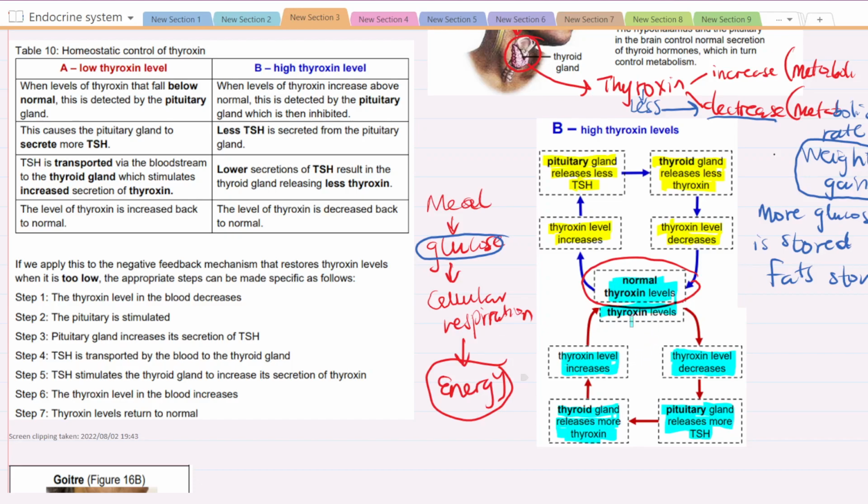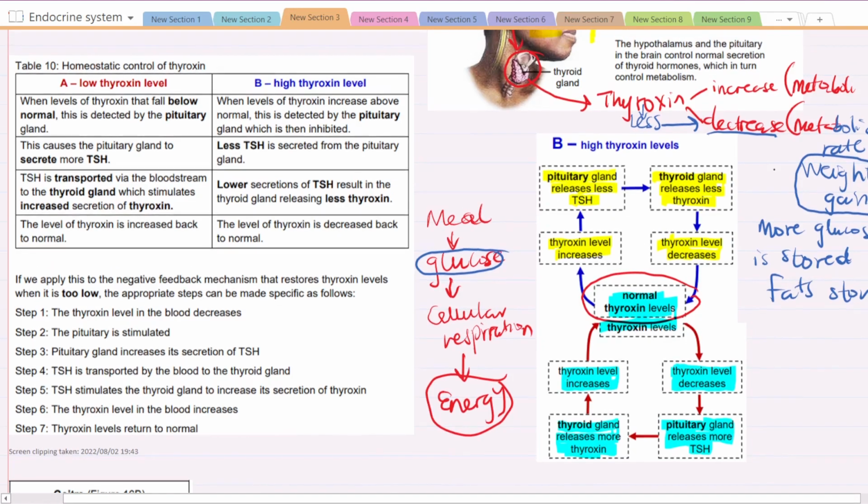But if it is above normal, this person will lose weight. If you have too much thyroxine in the body, then this person will lose weight.